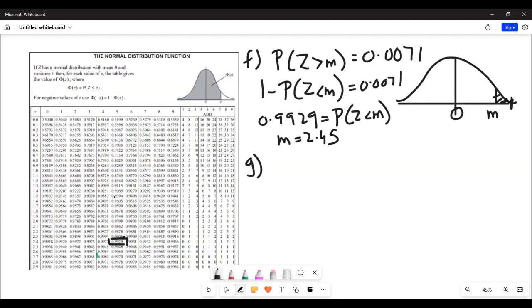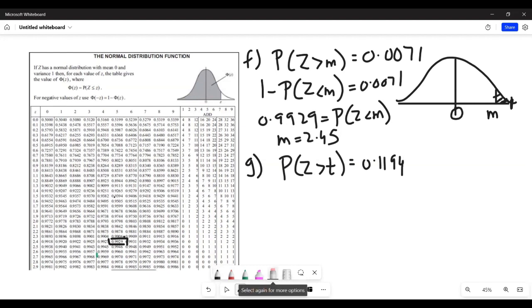Part G, probability z is greater than t equals 0.1194. Okay.